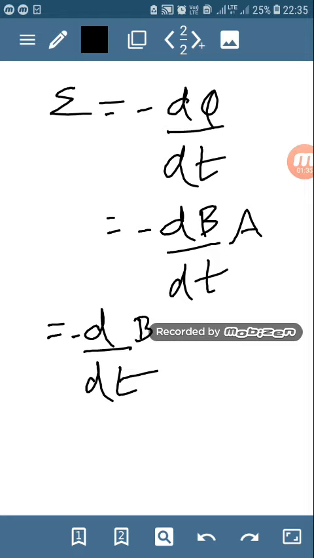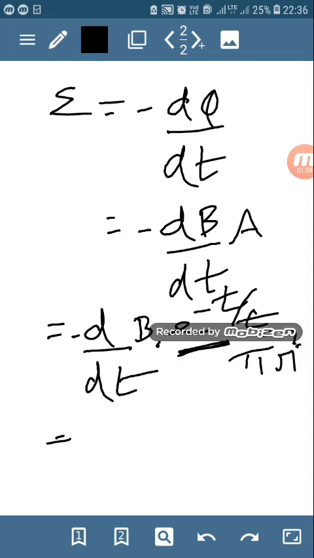B naught e power of minus t by t naught. Here t naught is given as 1, and substituting the value for A as pi r square, where r is the radius of the coil. Differentiating this term with respect to time, we have e power minus t, and differentiating gives e power minus t times minus.